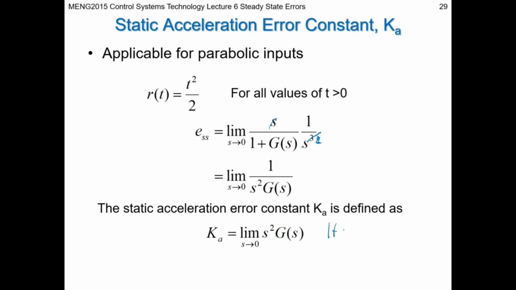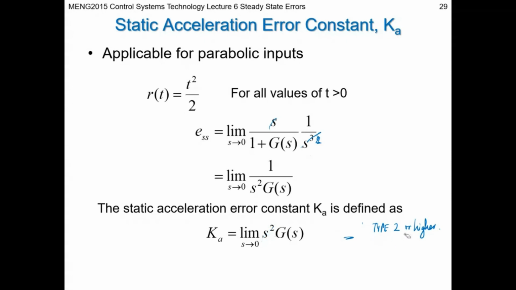So what we can say here, and this applies as well for all of the static error constants, is if G(s) is type 2 or higher, then you're going to have two pure integrators in our G(s), and that can cancel with our s squared.